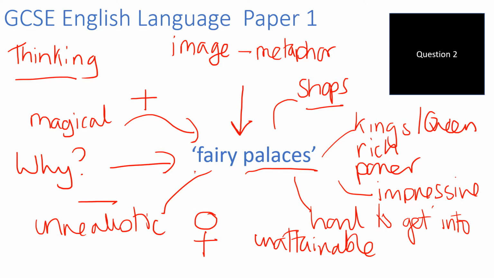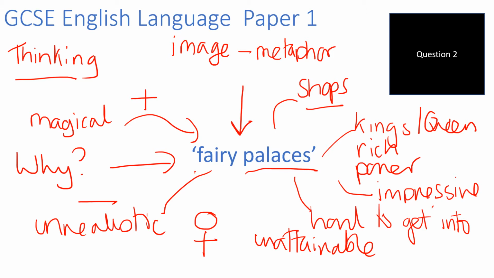So you can see by just doing a little bit of thinking, we can start coming up with ideas about why the writer has chosen this. So why has the writer used the metaphor fairy palaces? Well, in my opinion, the reason why the writer used fairy palaces is to show the gap and the difference between her life and where she wants to be.